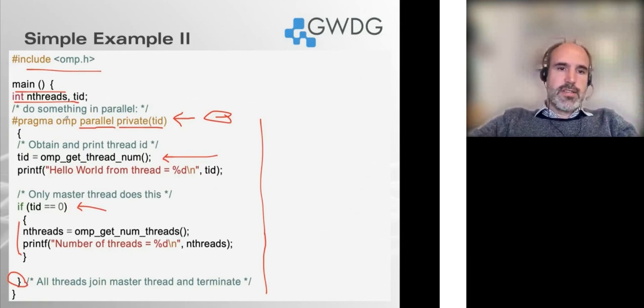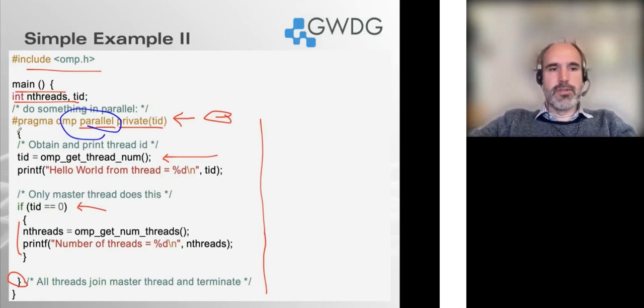Important here is that, I change the pen color, if you start here with the parallel directive, you do a fork of threads, and only the following block is executed in parallel.